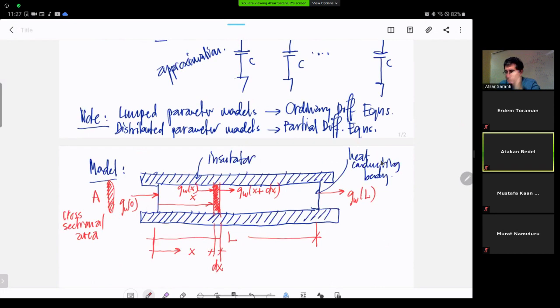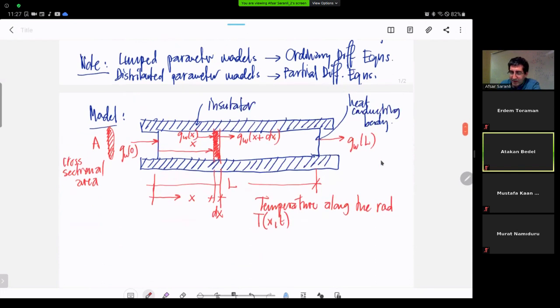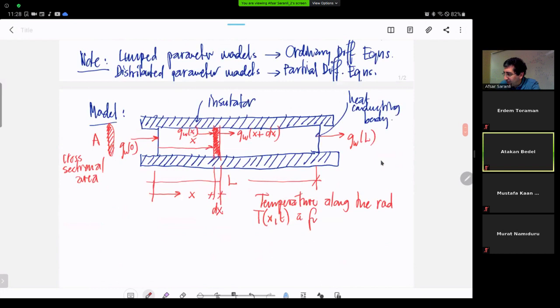And the temperature along the rod will be T(x, t), a function of space, which is x, and time, which is t. So as we have discussed, the temperature will be different everywhere along this rod.